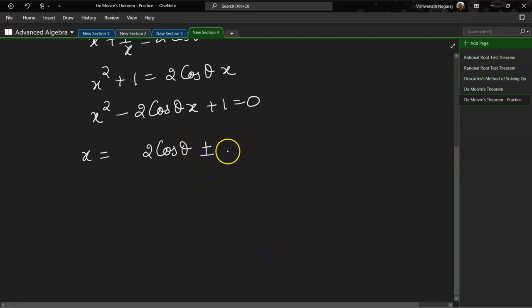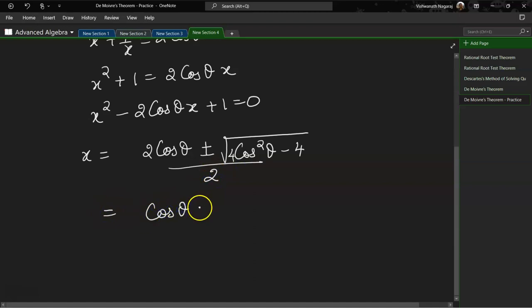plus or minus square root of b square, which is 4 cos square theta, minus 4ac, that is 4, all divided by 2a, which is equal to cos theta plus or minus, let's take 4 common out, square root of cos square theta minus 1.